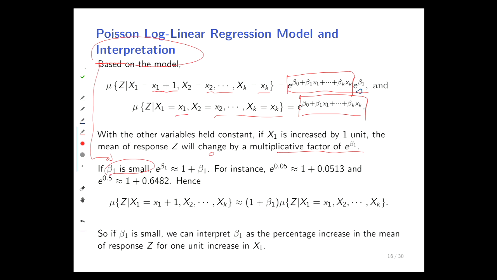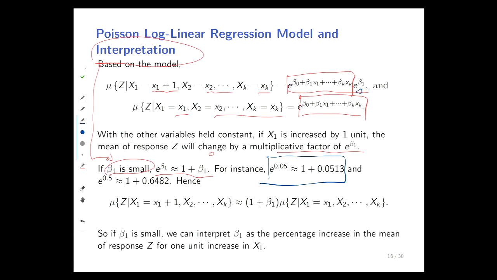If beta 1 is small, we will have this kind of approximation. You can consider it as the exponential approximation, or if you have learned some calculus, it's also the Taylor expansion approximation, but it's totally fine. What we need to know here is to understand this example. You can have a try in your R or in your calculator.